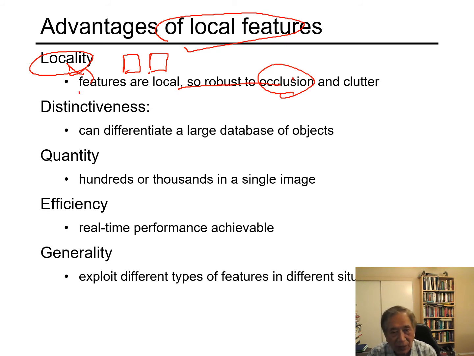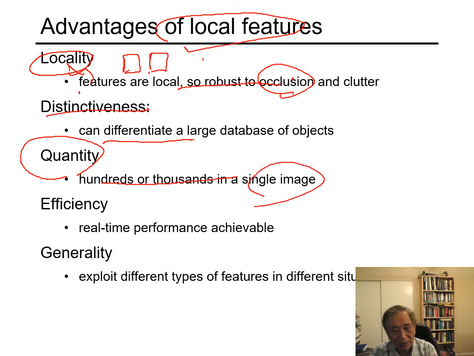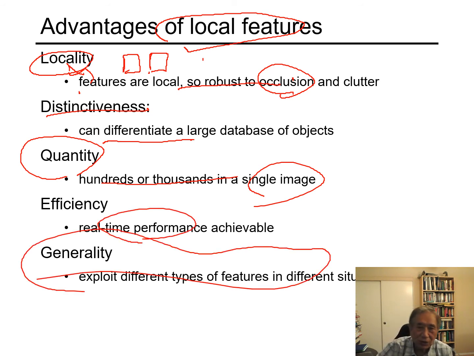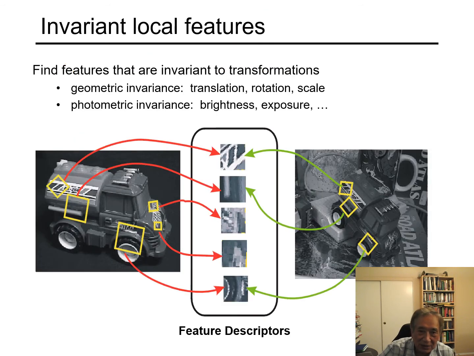So the locality makes it much more reliable, and then the distinctiveness, so it can differentiate a large database, and then the quantity: hundreds of thousands of features from a single image can be processed with those localities. So it's faster, and it can be used for any kind of picture. That kind of advantage exists.